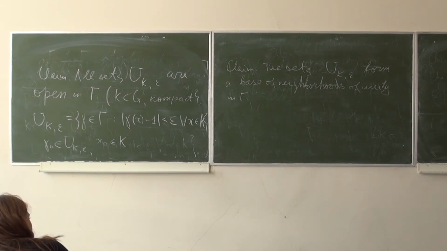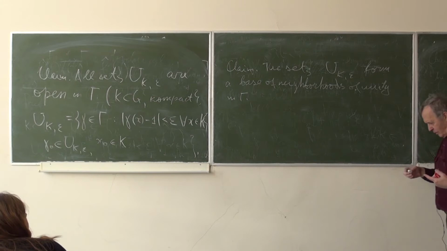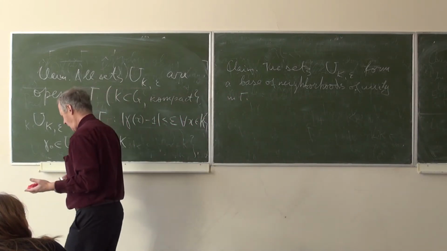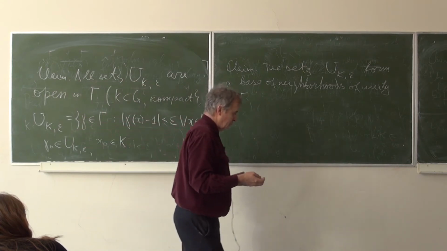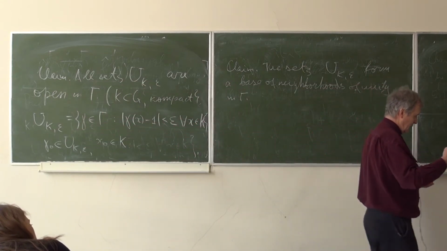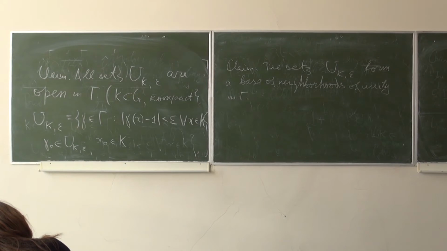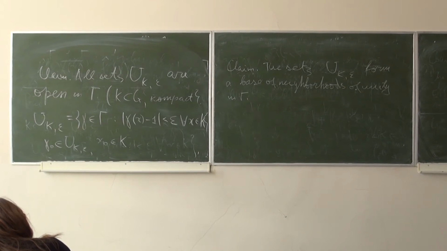to approach this statement, I must recall what the open sets in gamma are. I remind you that gamma is the spectrum, the Gelfand space of the algebra L1, and so its topology is induced from the conjugate space.